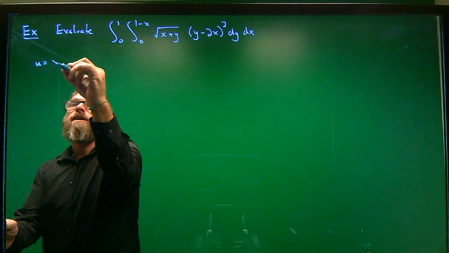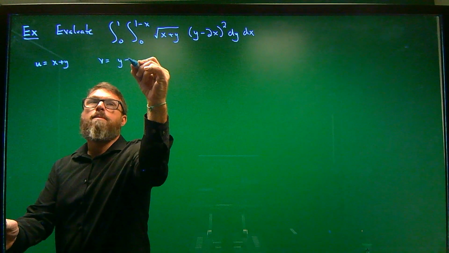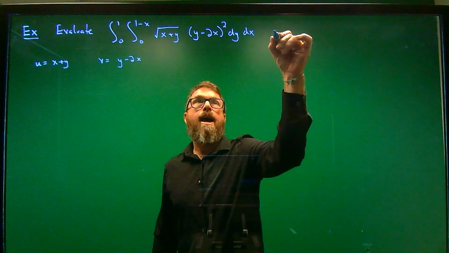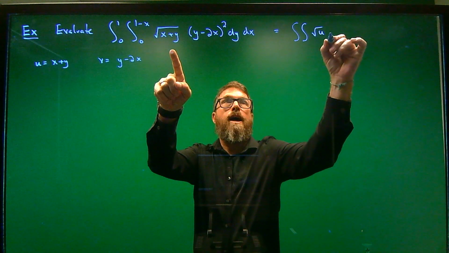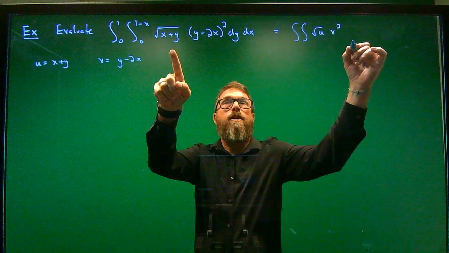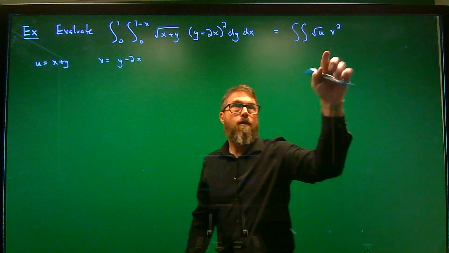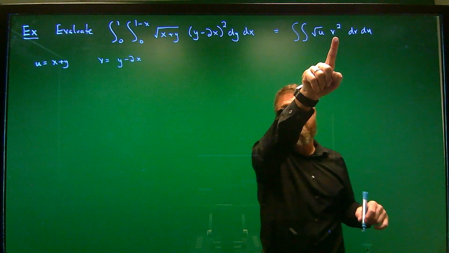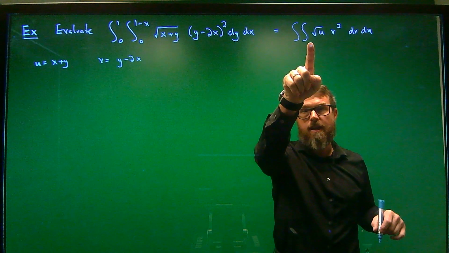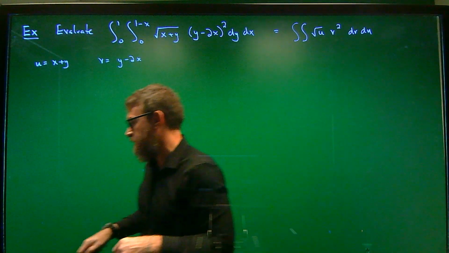If I make u equal to x plus y and v equal to y minus 2x, what I'm going to have is the double integral of root u times v squared, du dv or dv du, depending on how I want to set this up. But if this is dv du, then this is just a constant. I just integrate this at its evaluations, and then I can go after the u. So now that thing would be integrable as it sits.